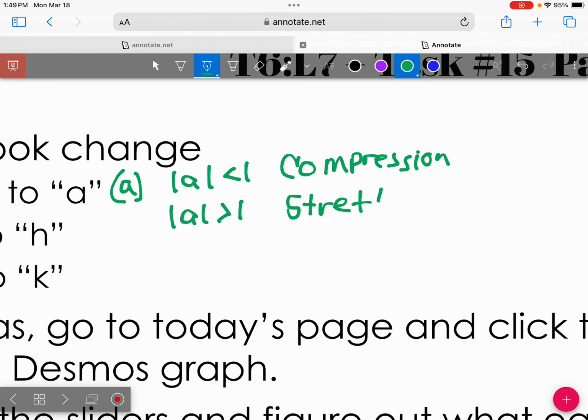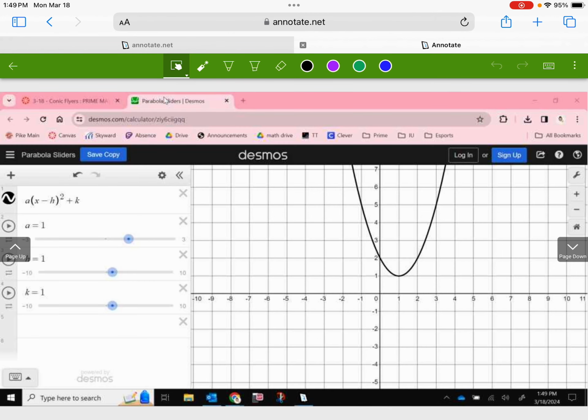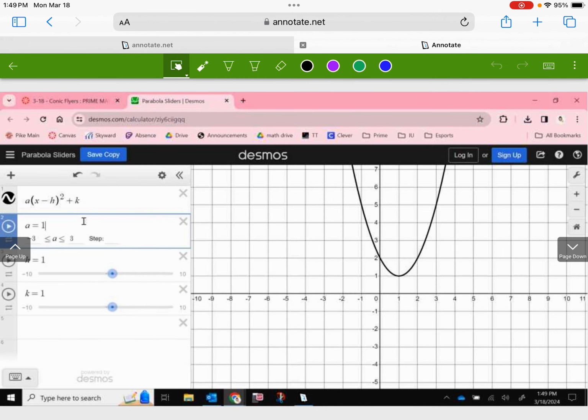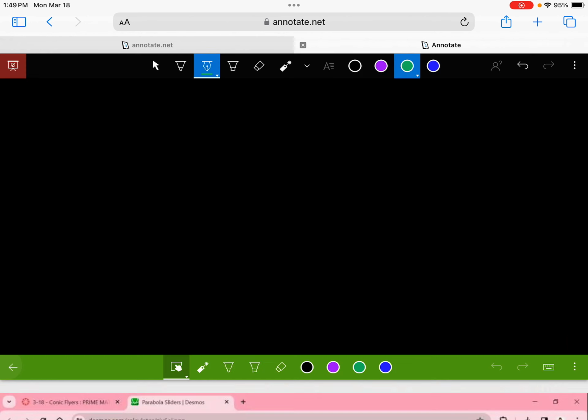What happens when A is negative? Here's our -1, mostly. It reflects across the x-axis.